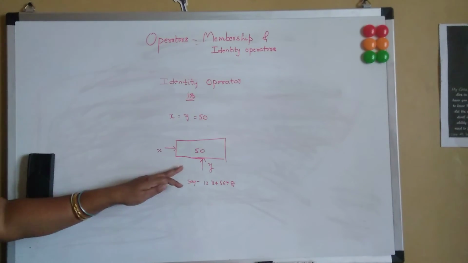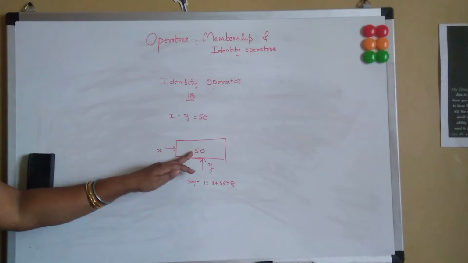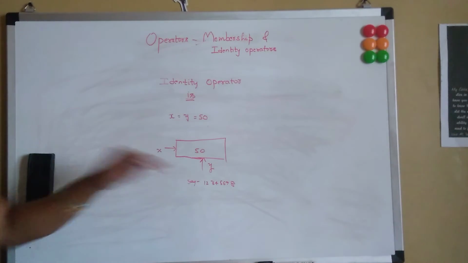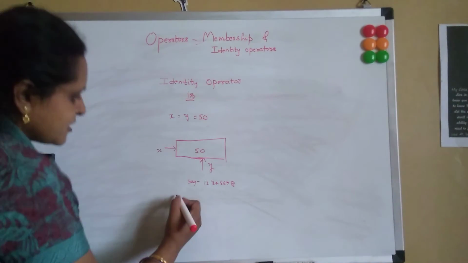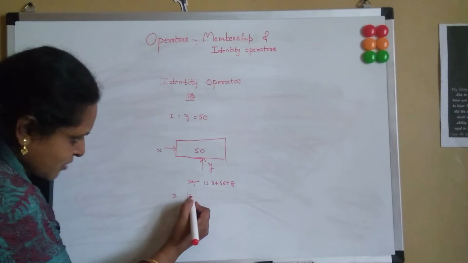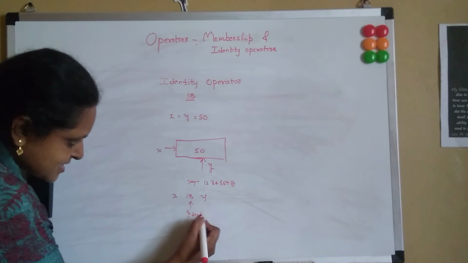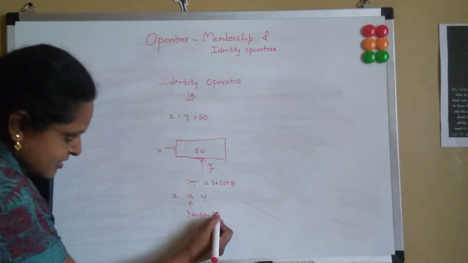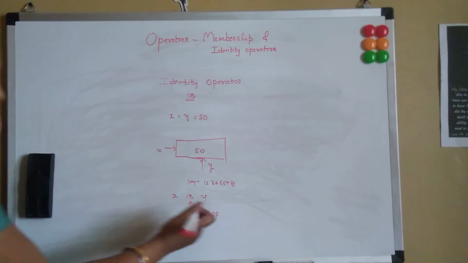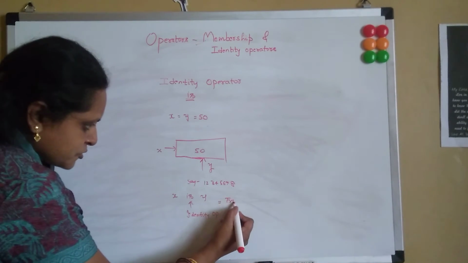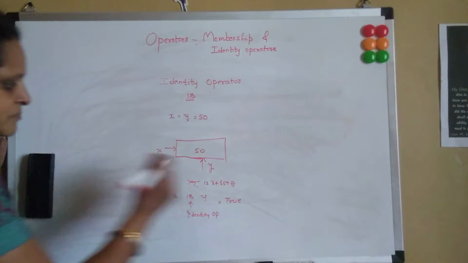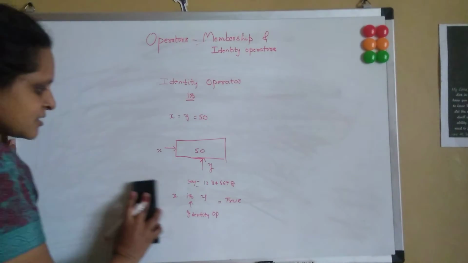So they are pointing to an object which is in the same memory location. So if I say x is y, this is the identity operator, and it returns the value true, since it is present at the same memory location.